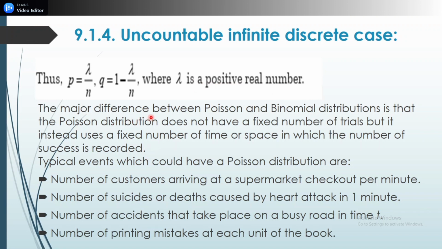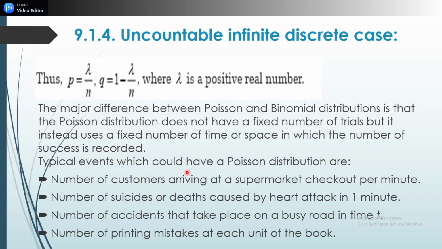The major difference between the Poisson and the binomial distribution is that the Poisson distribution does not have a fixed number of trials; it can have an infinite number of trials. But instead, a fixed interval of time or space is used in which the number of successes is recorded.